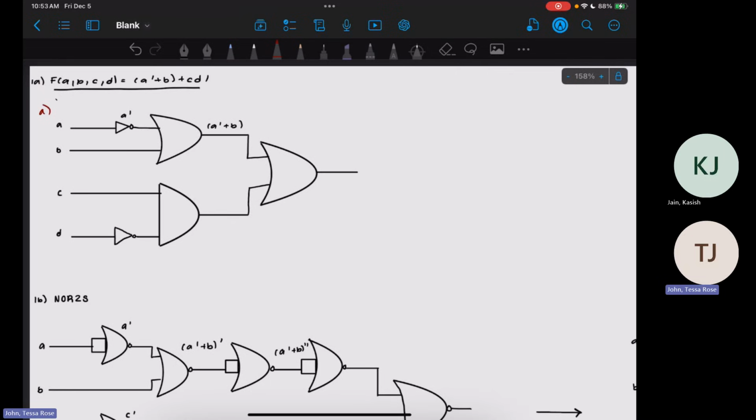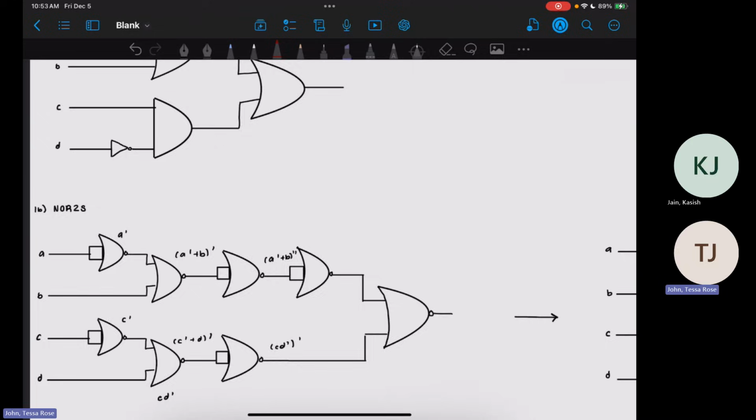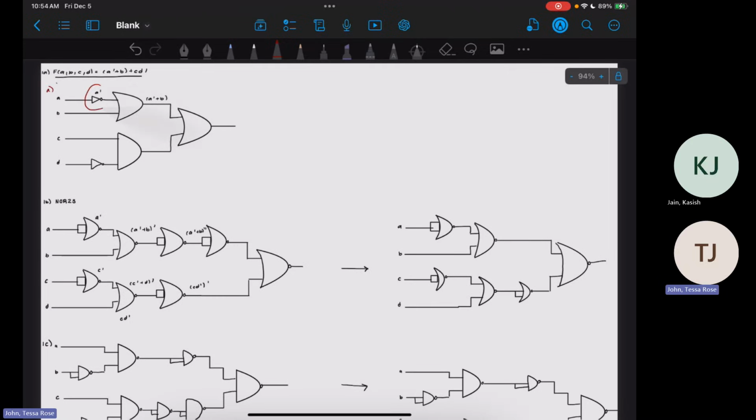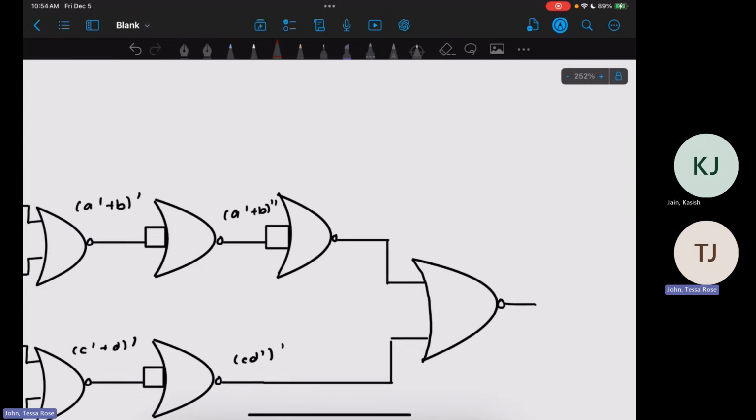So this is just the normal way the circuit looks. You guys know how to do this, pretty easy. This is how I converted it to a NOR, right? Here I have one inverter, so I converted it to the inverter of a NOR. Same with my OR gates and my AND gates, I just converted them to that shape. And then the way you simplify it, do you guys see how there's 2 of these gates right here?